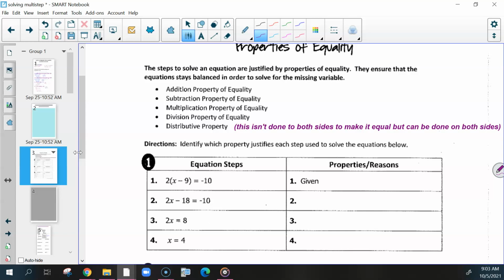Subtraction property of equality, subtracting to both sides. Multiplication, division. The distributive property is not something we do to both sides. It can be on both sides, but most of the time it's on one, and it just makes it more balanced.